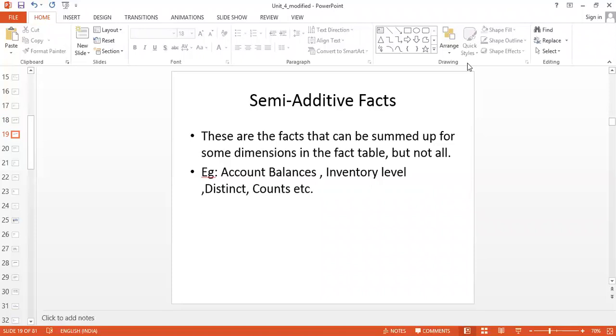So this is added for one particular month. But you cannot add these two attendances and say that the attendance of the employees for the last 2 months was around 38. So here we see that these facts we can add only for certain dimensions, and these cannot be added for all the dimensions.